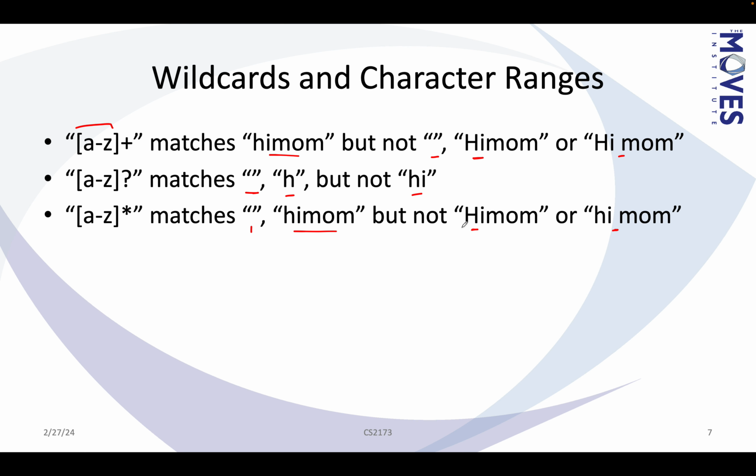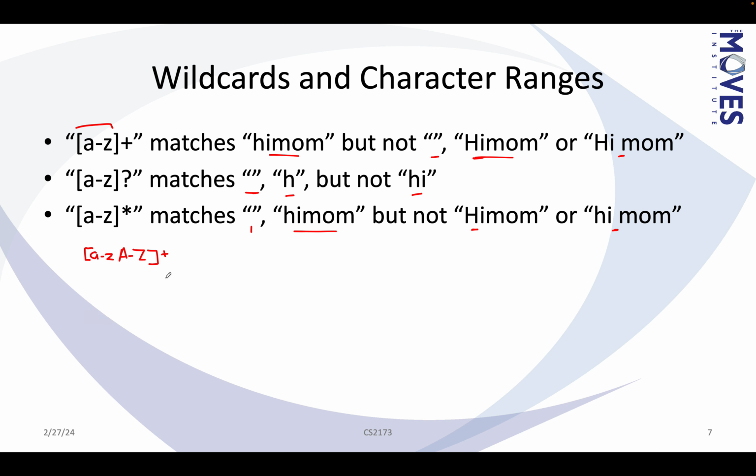Now if I had A through Z lower and A through Z upper, for example, with a plus, that would match this, but not this.